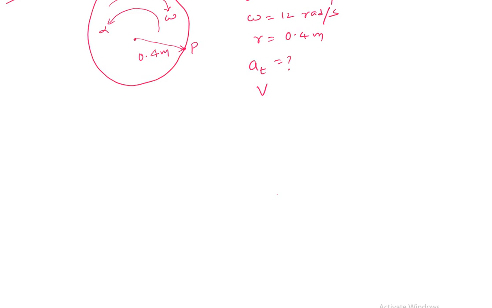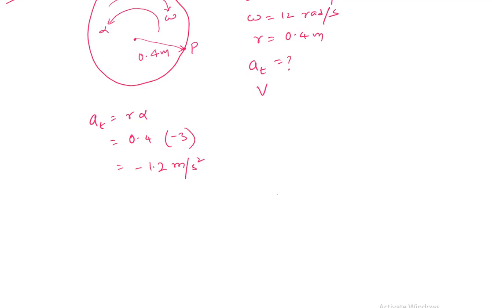So let's find the AT first. Tangential acceleration is r times alpha. So r is 0.4, alpha is -3, so -1.2 meters per second square.